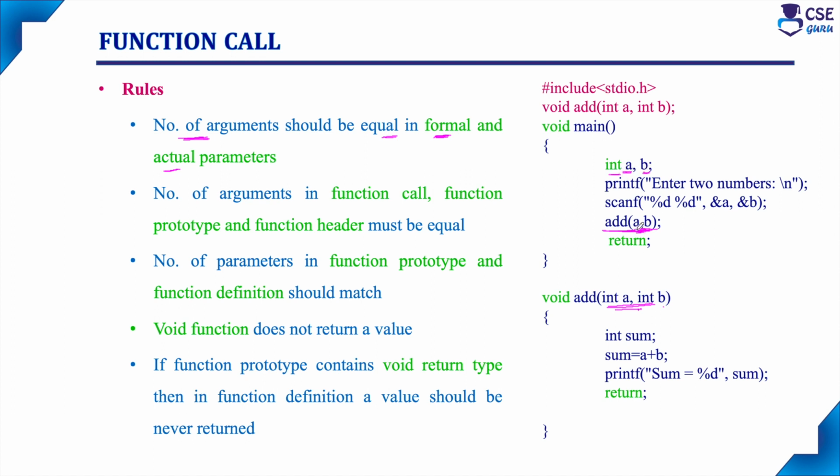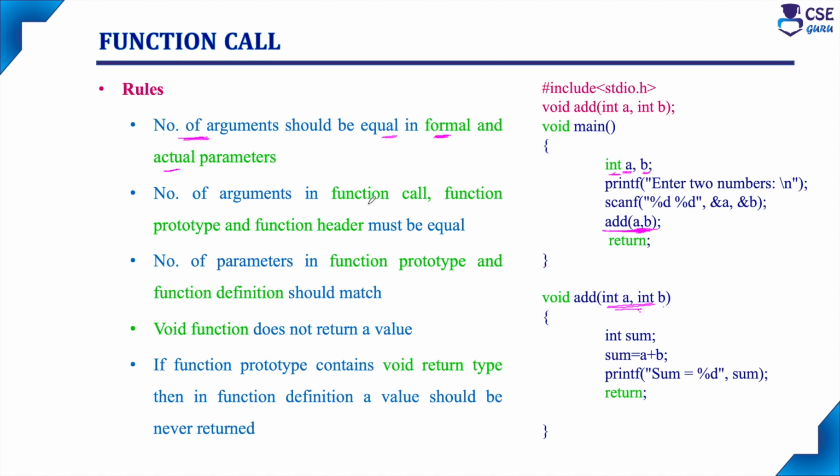It is not necessary to add it again in actual parameters, since we have declared them in the main function itself. But in formal parameter, it is a must to use the parameters along with their data type. So the number of arguments should be equal in formal parameter and actual parameter.